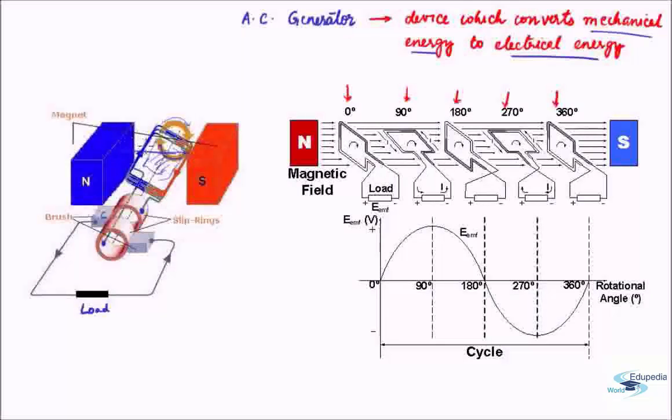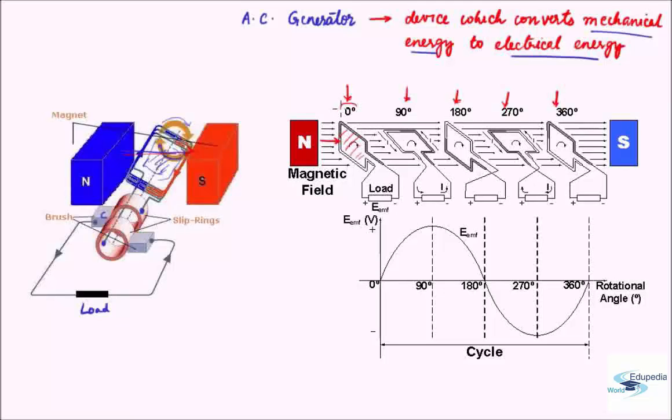So basically the plane of the coil is perpendicular to this direction. What does that mean? That means the maximum amount of magnetic field is passing through the cross section, isn't it? Since the whole area is exposed to the magnetic field, which is in this direction, the maximum amount of magnetic field is able to travel through the coil.